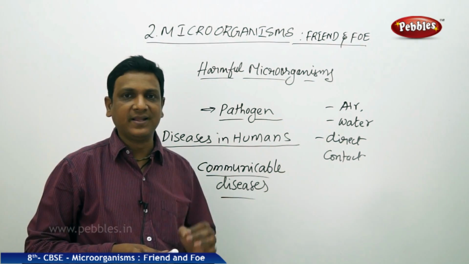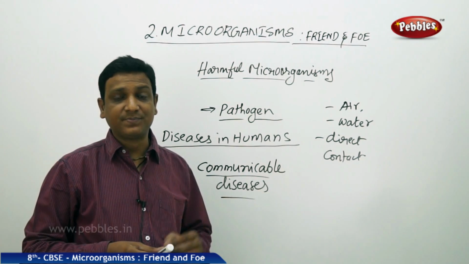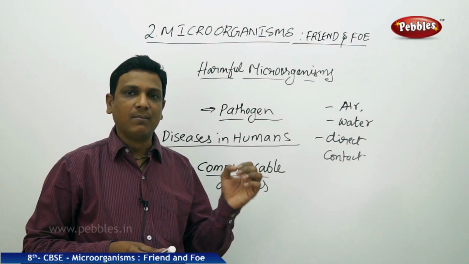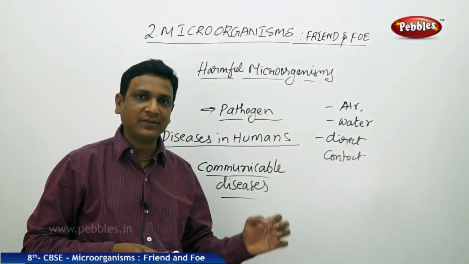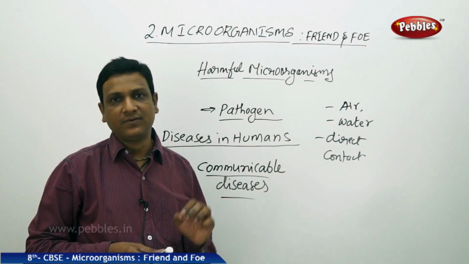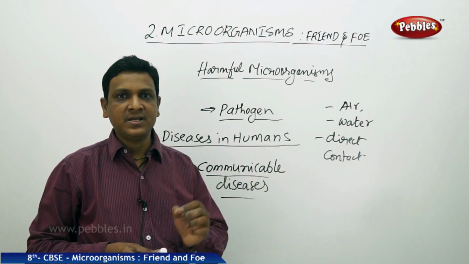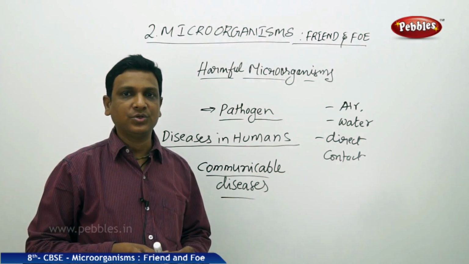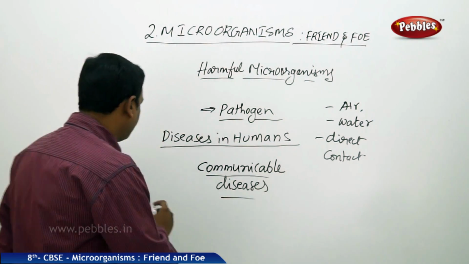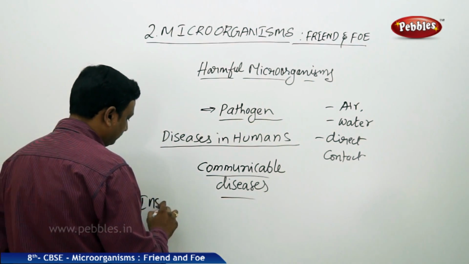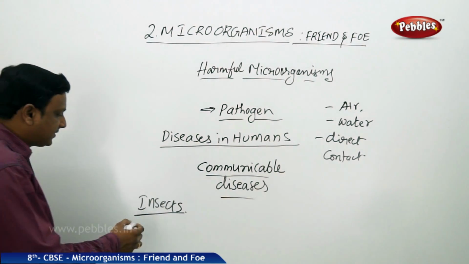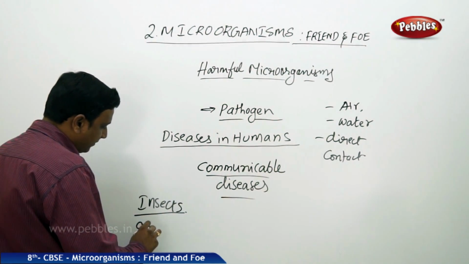Apart from air, water, and direct contact, some other media play a very important role in spreading the disease causing microorganisms, the pathogens, from the source to a healthy person. Those are insects and certain animals.